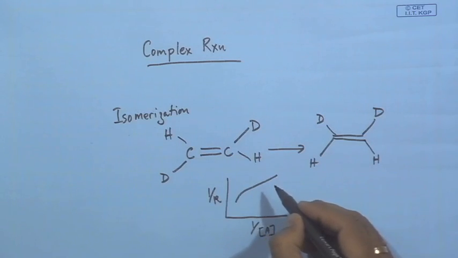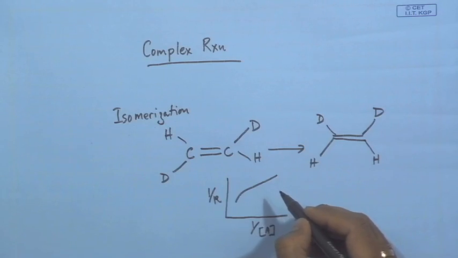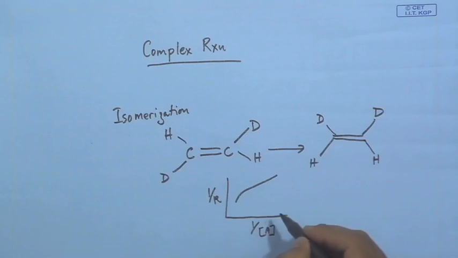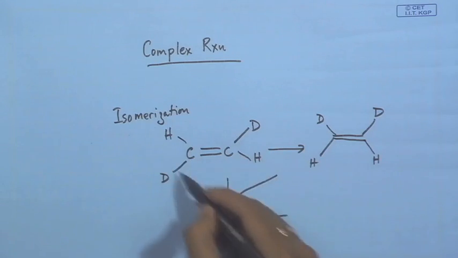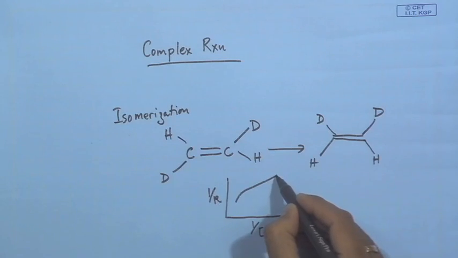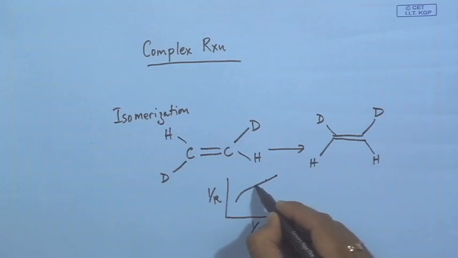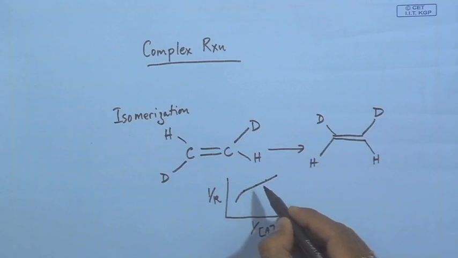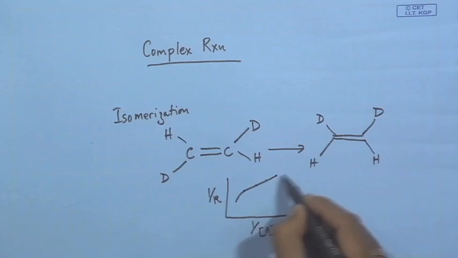So, under low pressure condition, means you introduce from outside some inert gas which does not take part in the reaction. In that case the partial pressure of these molecules will decrease, and as a result it is found that it follows a linear trend when the partial pressure is in this region.